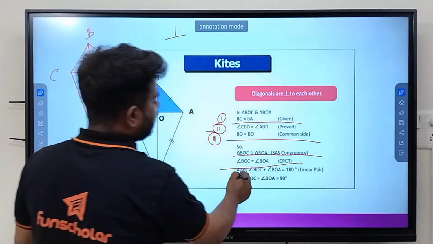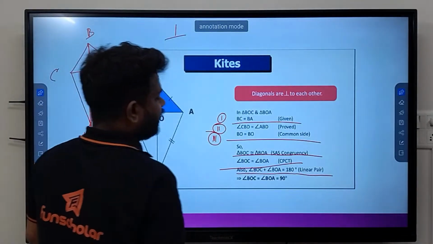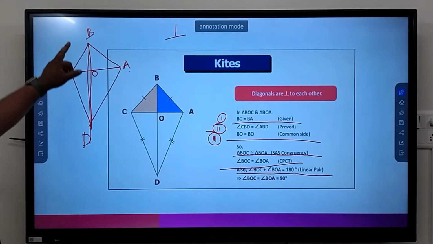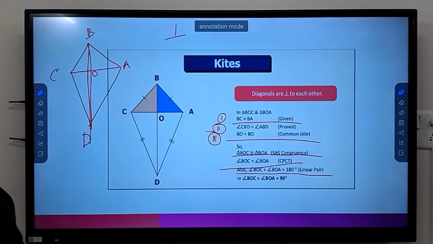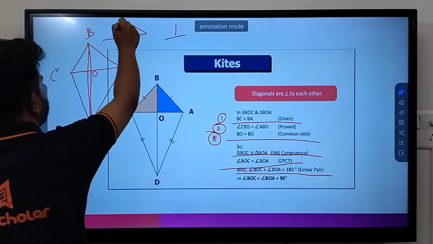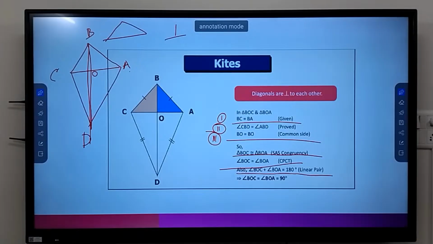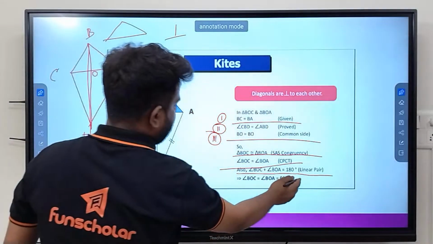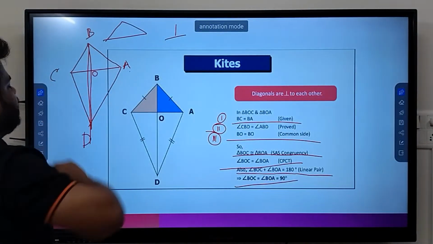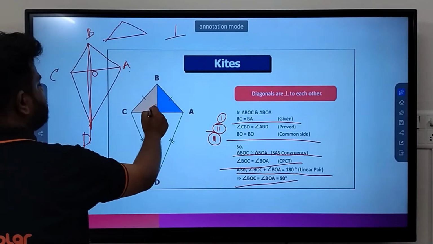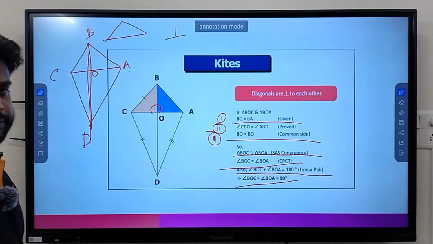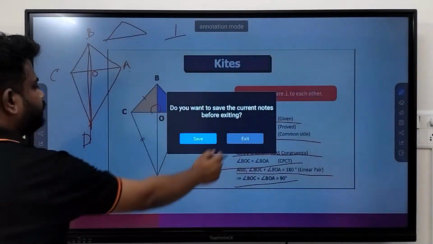From this we can tell that they are a linear pair, because BOA and BOC are in one line. If the whole is 180 degrees, they are each 90 degrees. Okay, done.